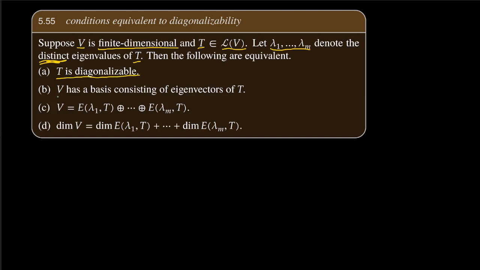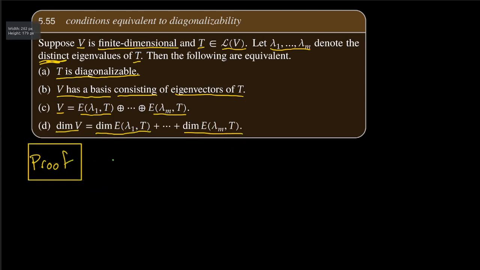B: There is a basis of V consisting of eigenvectors of T. So V has a basis of eigenvectors. C: V is a direct sum of these eigenspaces corresponding to distinct eigenvalues of T, and D: the dimension of V is precisely equal to the sum of the dimensions of these eigenspaces corresponding to distinct eigenvalues. Okay, cool. Let's prove it.